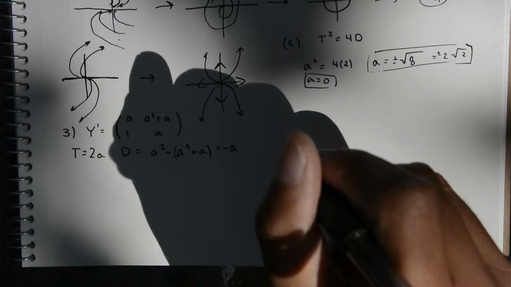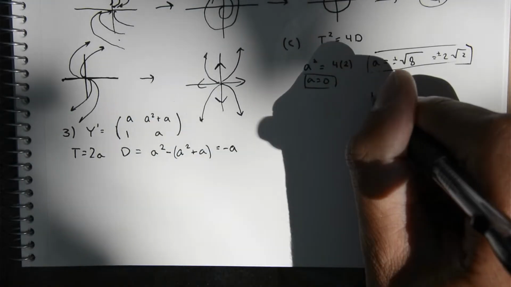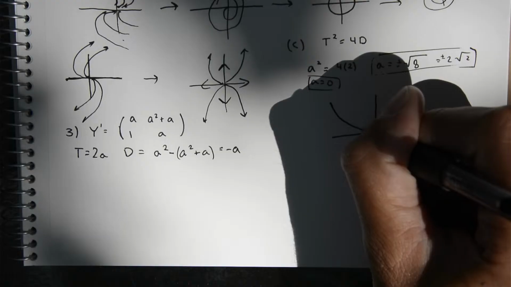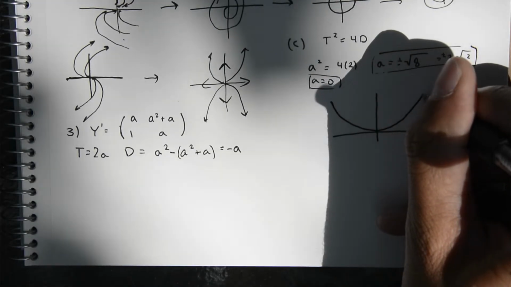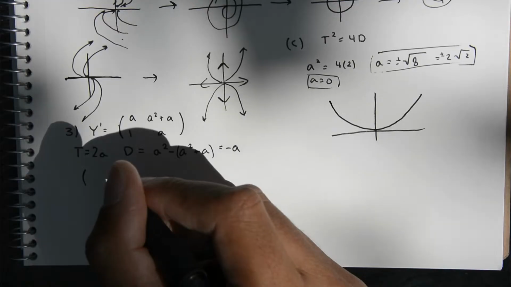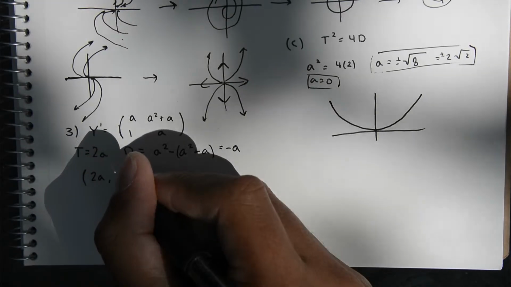Okay, so we're going to be plotting the curve. So we have the curve 2a, minus a.